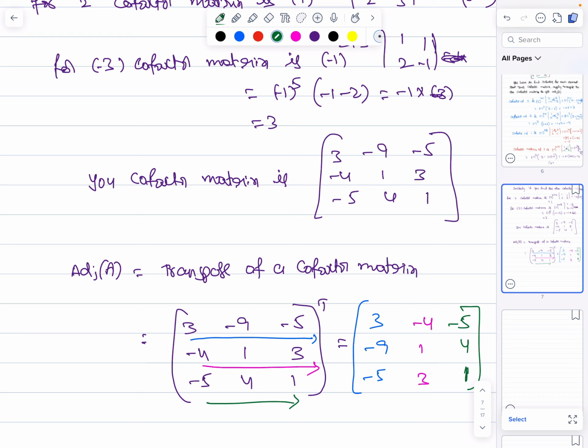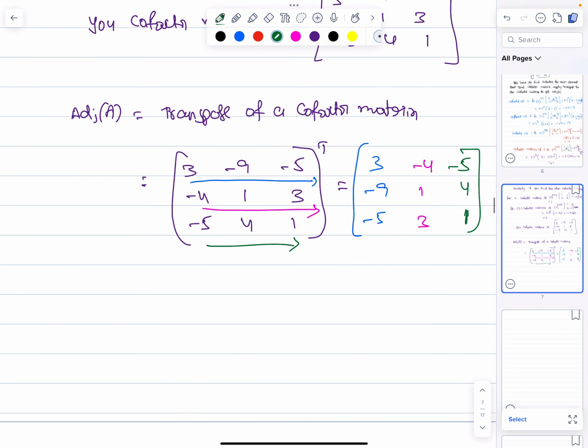So if you are done with that, the last concept is the inverse of a matrix.